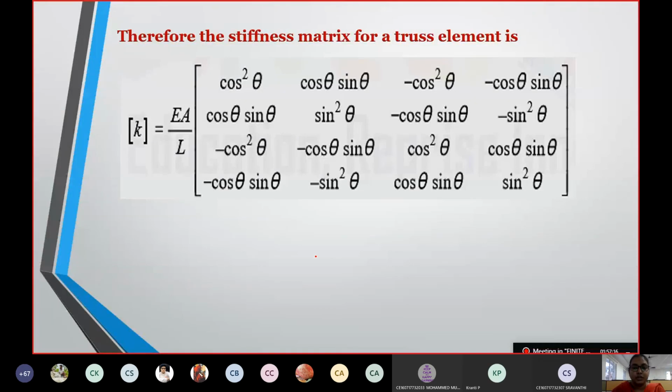We just, what all terms we got till now are just kept in the form of a matrix.